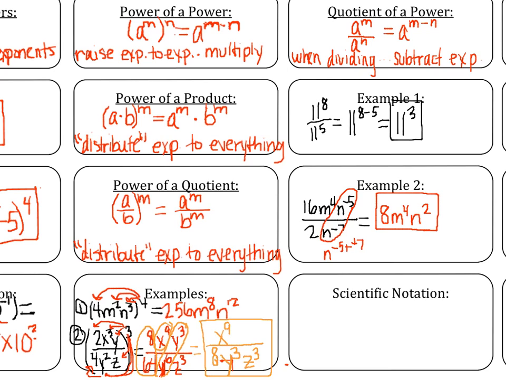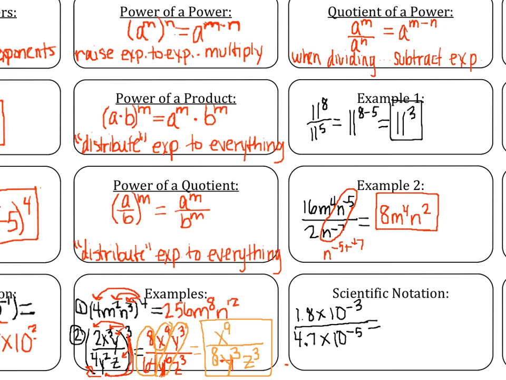Here's my answer. Let's do a scientific notation problem like this, and you've already got one on your paper. I'll write it on mine. It's 1.8 times 10 to the negative 3 over 4.7 times 10 to the negative 5th.